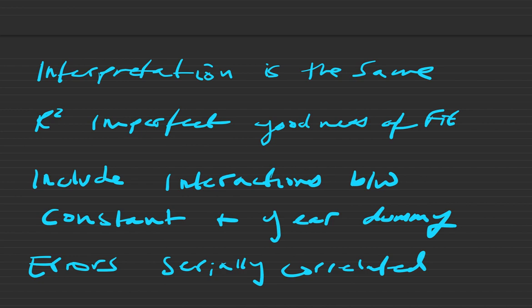Recall that we assumed through assumption number 6 that for t not equal to s, the idiosyncratic errors are uncorrelated, but it is likely the case that assumption 6 is not true, that the errors are serially correlated, and we can fix this by clustering.